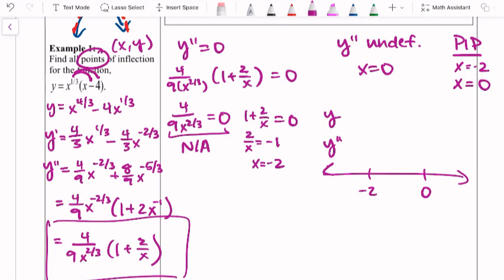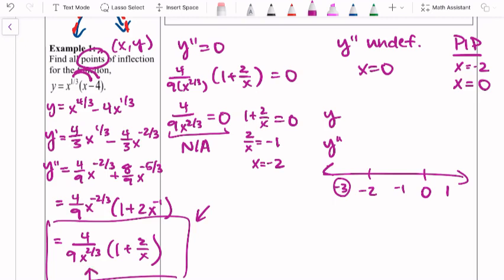Okay, let's find some test values. I like -3, -1, and 1. Okay, so if we plug in -3 to our second derivative, let's see what we get.